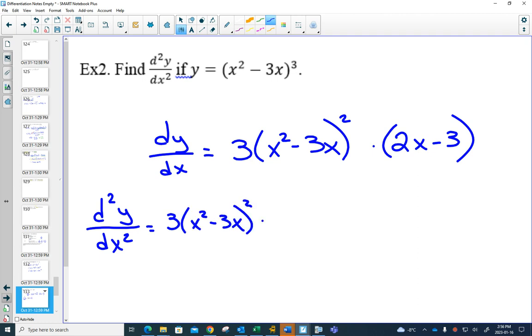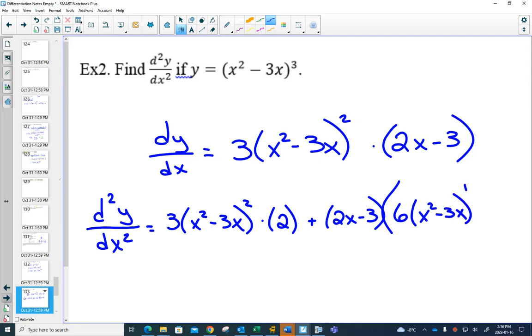And multiply by the derivative of the second one, just 2, plus, then keep the second one the same, and multiply by the derivative of the first one. And the first one is a chain rule because I have something inside of something. So the 2 would come out in front, keep the inside the same, subtract 1 from the exponent, then multiply by the derivative of the inside.